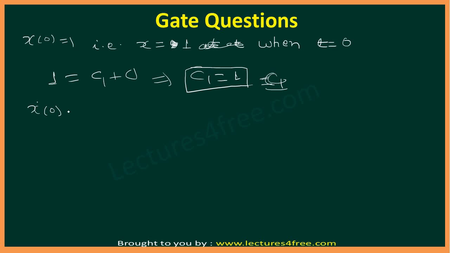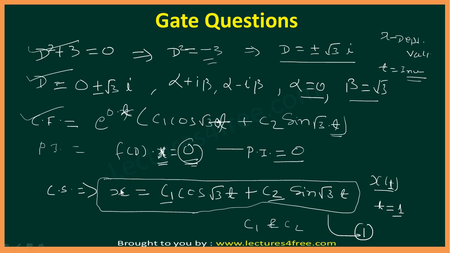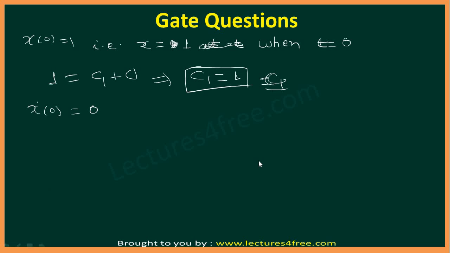That means we have to differentiate our equation. This is the equation of x, not x dot. So we have to differentiate this equation one time to get x dot.